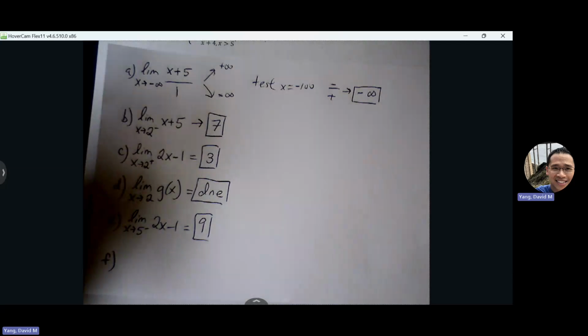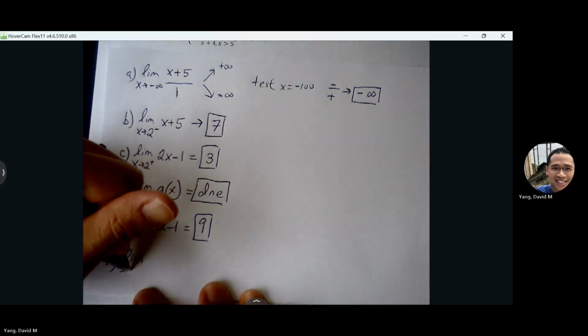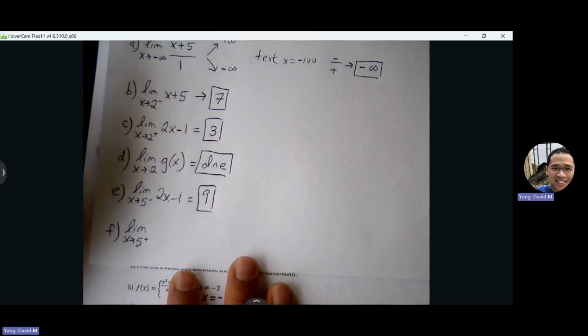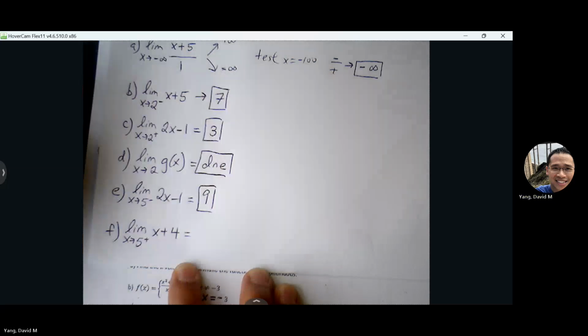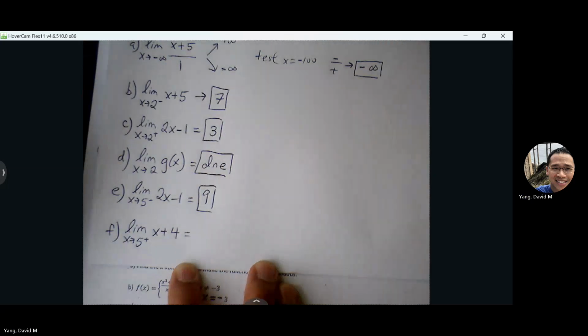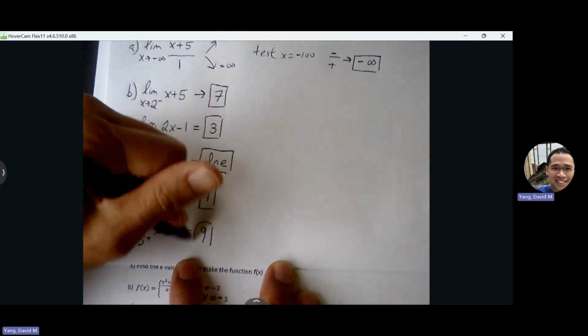Part F. Approaching 5 from the right. Which one do you choose from that? X plus 4. Direct substitution. What do we get? 9 as well, okay.